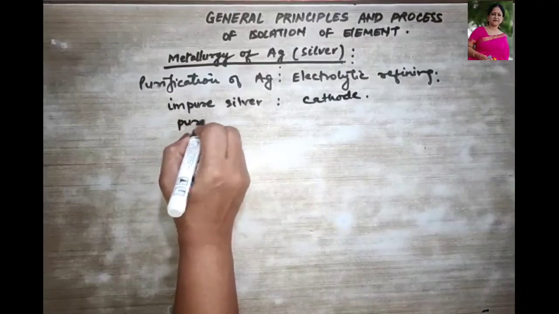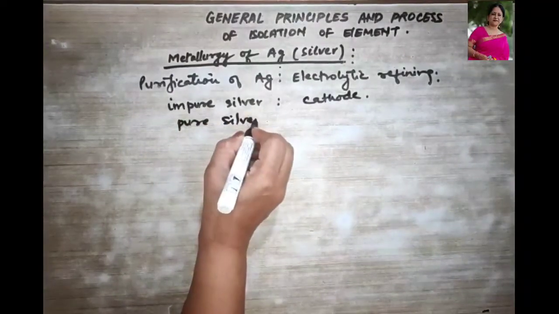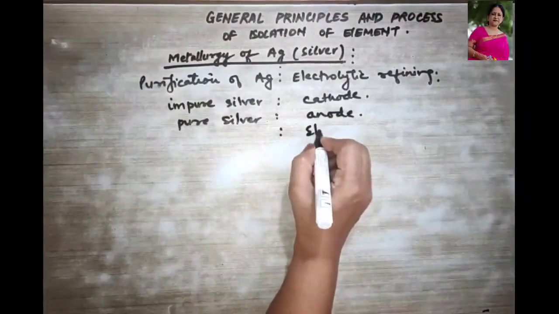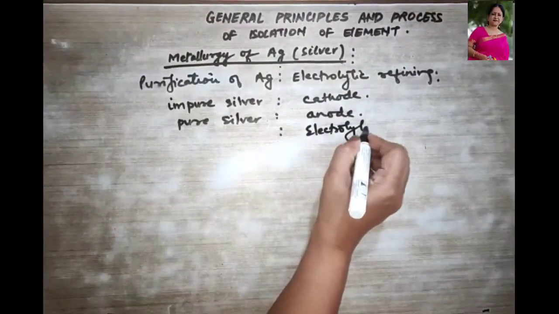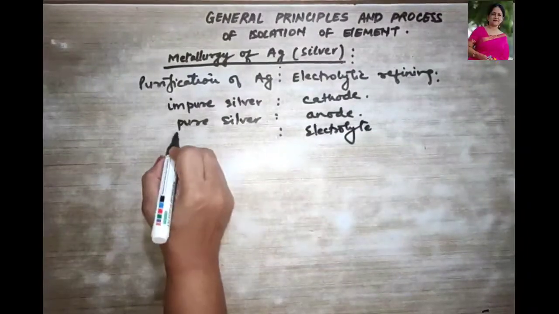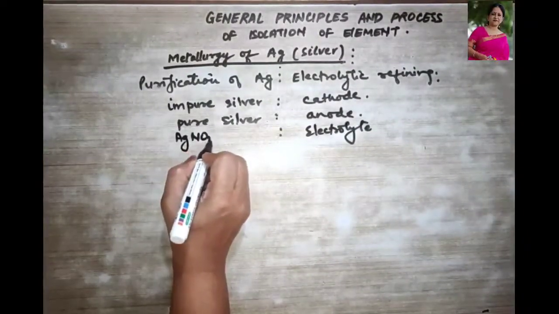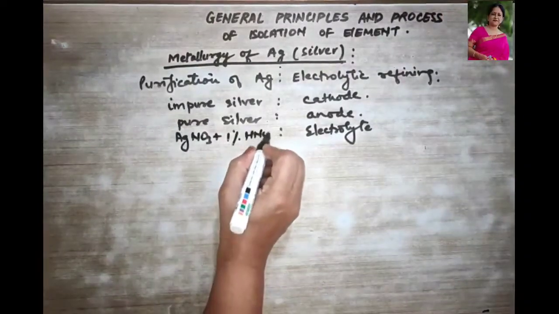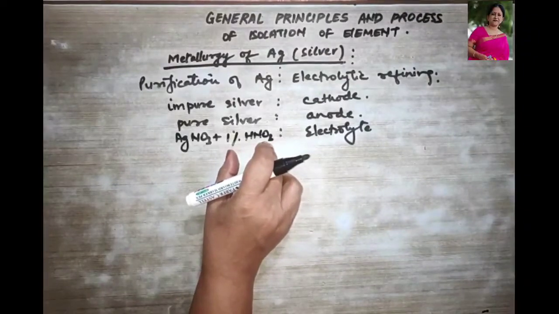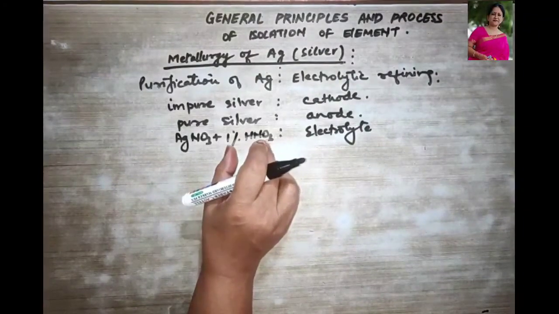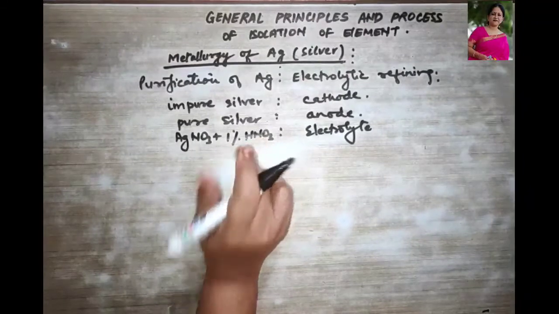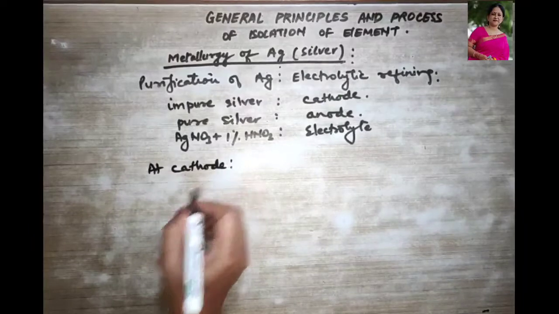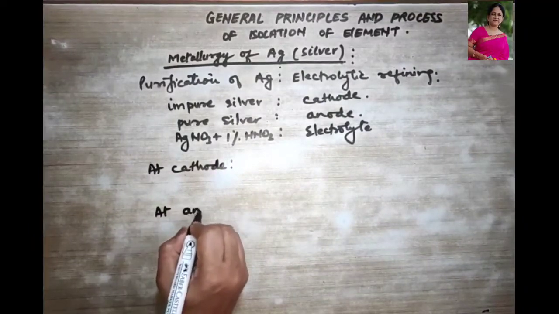Then your pure silver rod is your cathode, and what is your electrolyte? Electrolyte is your silver nitrate plus 1% dilute HNO3. Now why do we use 1% dilute HNO3? Because it enhances conductivity.